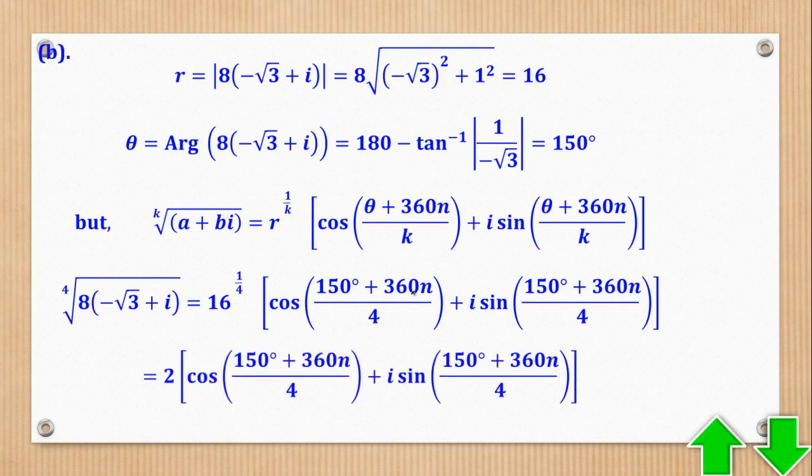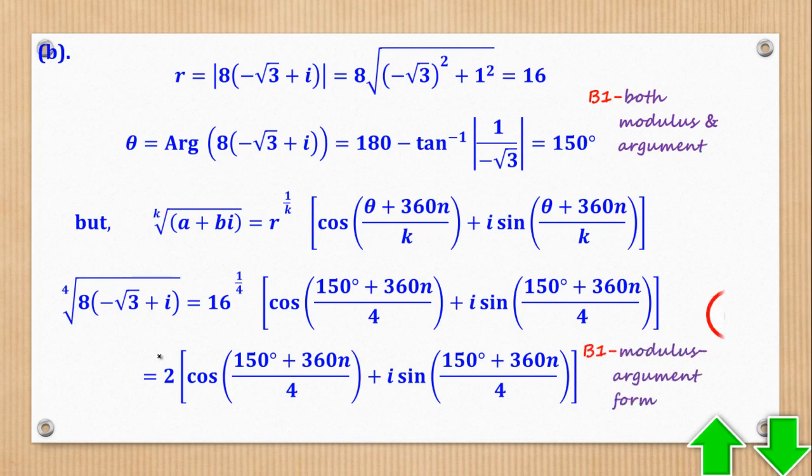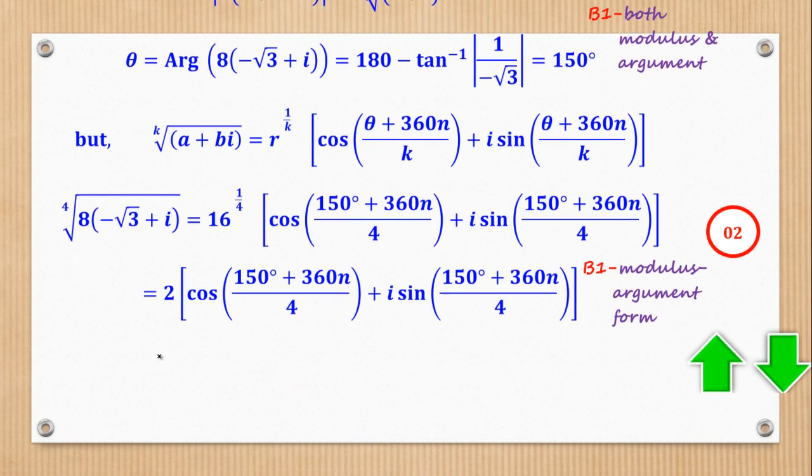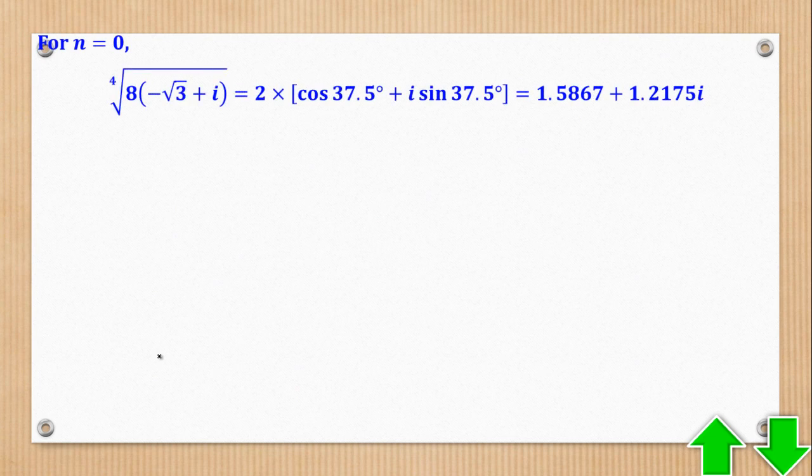So simplifying, this gives you that. Now that I've got that, I can get the roots for different values of n, beginning from n equal to 0. For n equal to 0, where there is n, you put 0, and you come up with that, which becomes the first root.